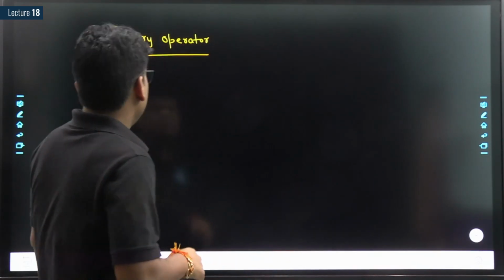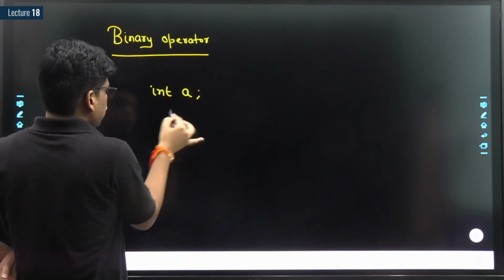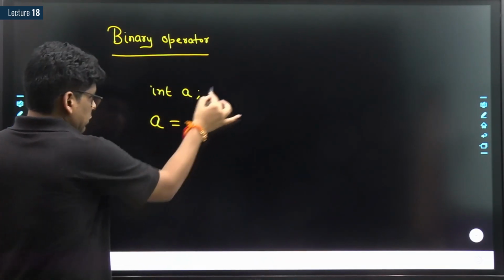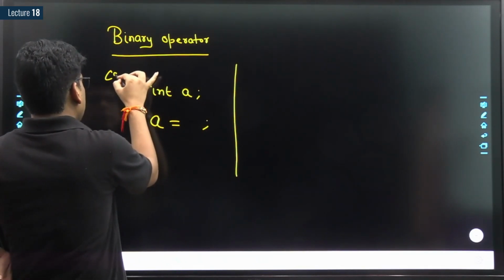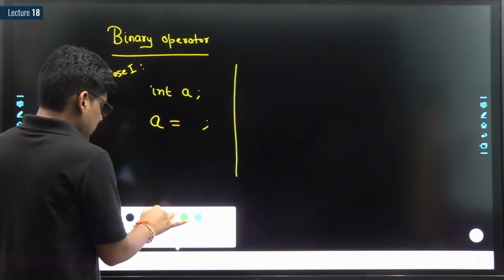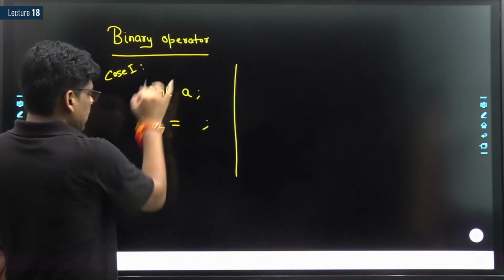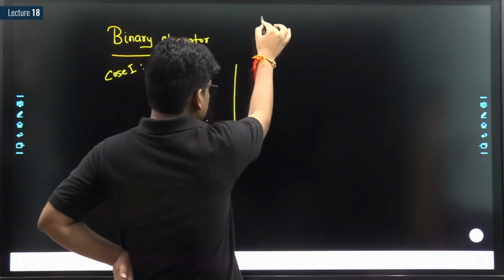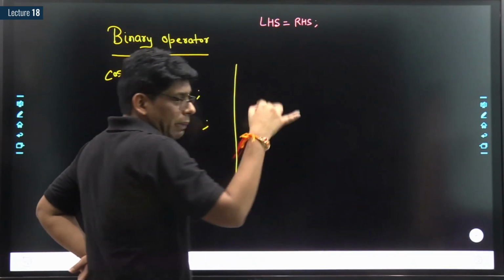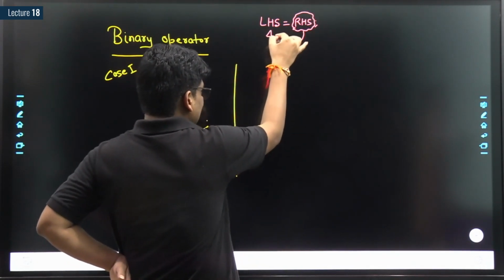If I write something like this, please try to focus. A is equal to semicolon. Case 1. Try to understand. What is the syntax for the assignment operator? The compiler knows that there is some LHS is equal to RHS, and this value is being assigned to the LHS.